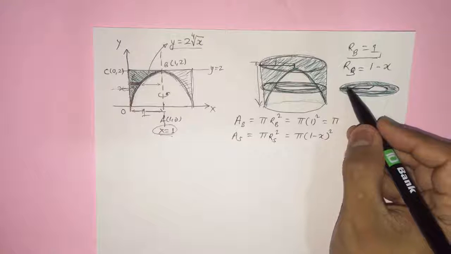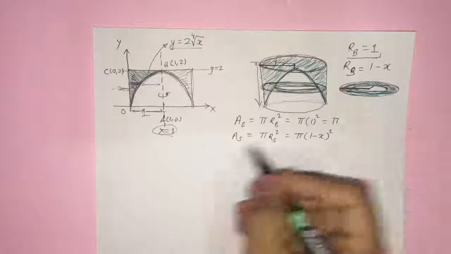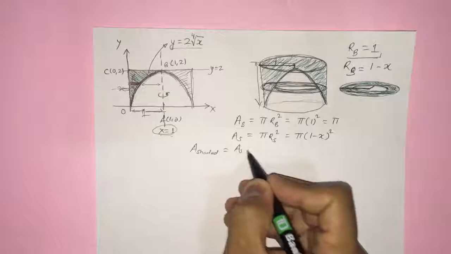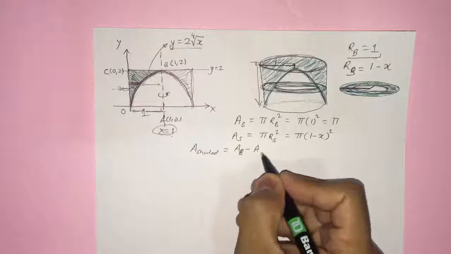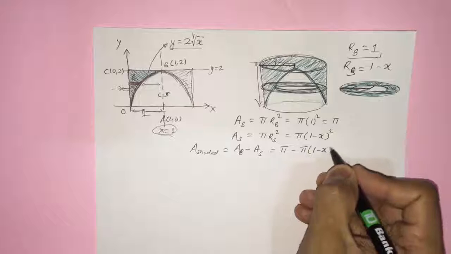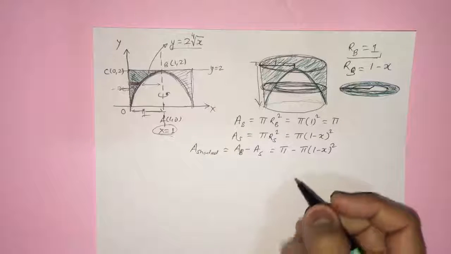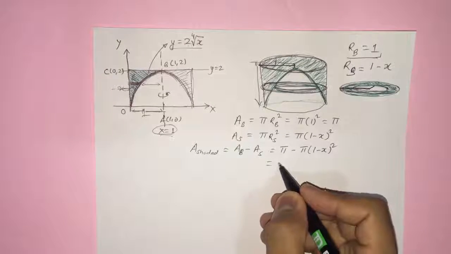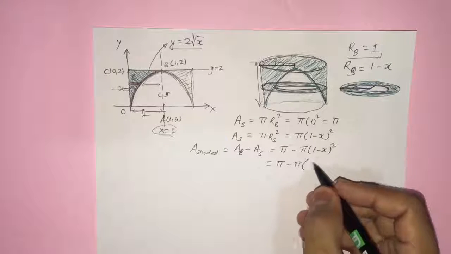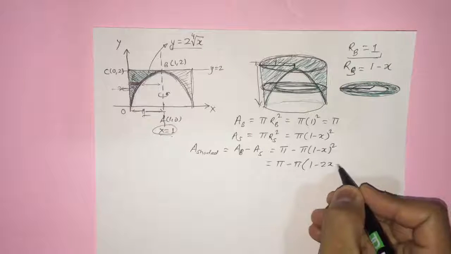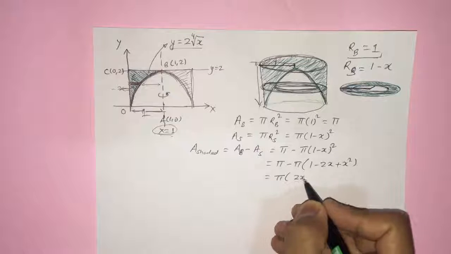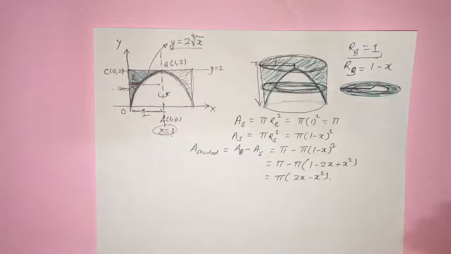We need the area between those two circles. So the area of that shaded region is the big circle minus the small circle, which is pi minus pi (1 minus x) squared, right? Now if you calculate this, it will be 1 minus (1 minus 2x plus x squared), which is 2x minus x squared.